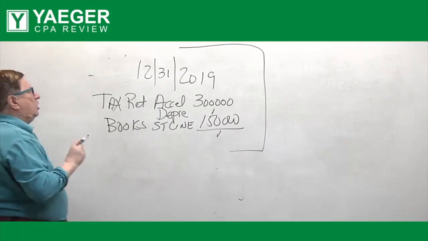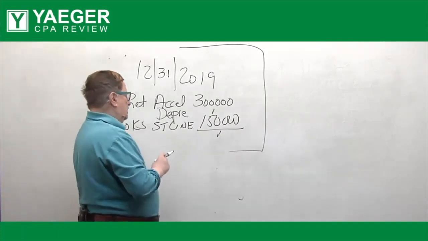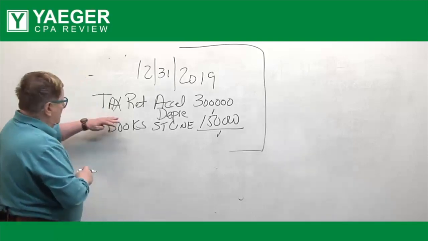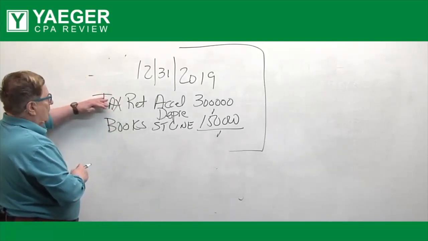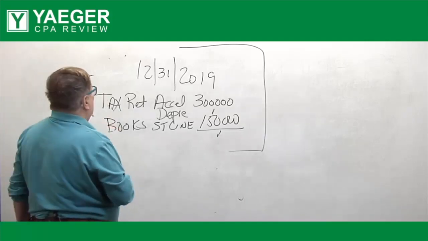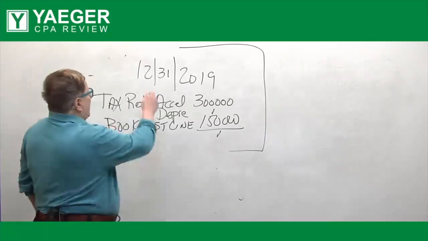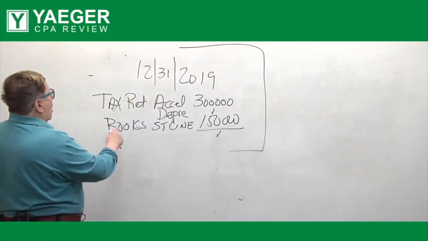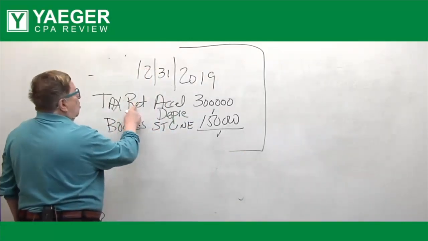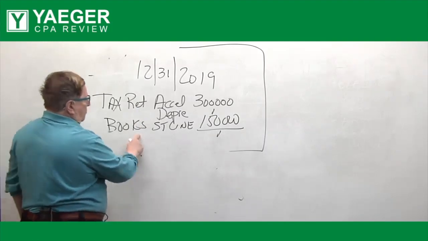Now, the way you do this information for accounting for income taxes is this. You have to determine what the timing difference is. Well, in this case, if we're using accelerated depreciation on the tax return and straight line on the books, what's going to happen? At the end of 12/31/19, our taxable income will be lower than our book income by $150.